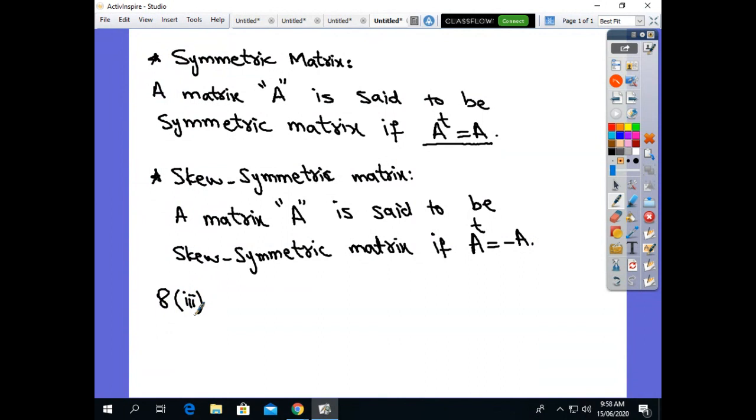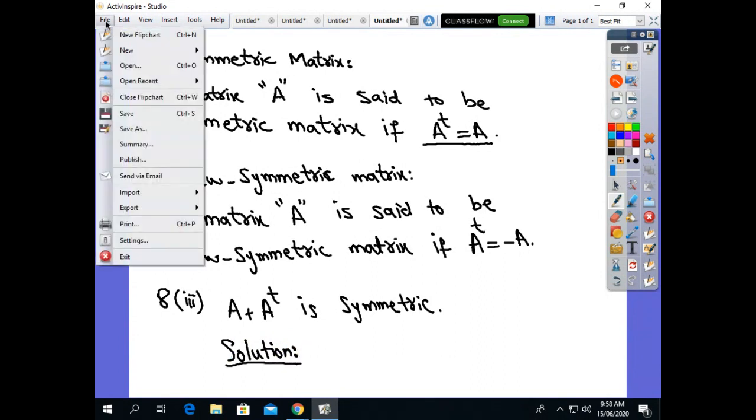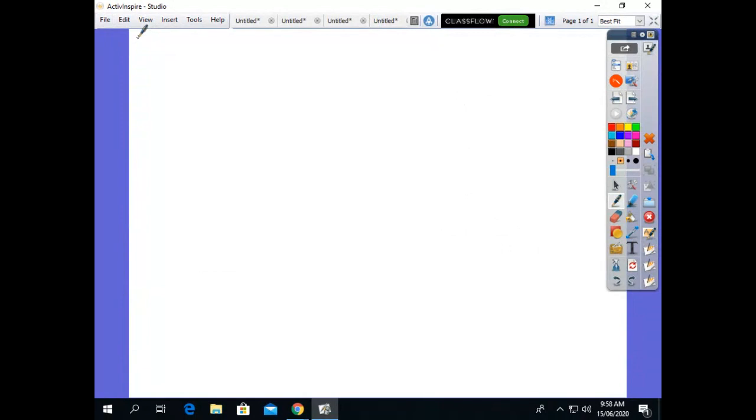The part number 3 is we are to show that A plus A transpose is symmetric. Solution.